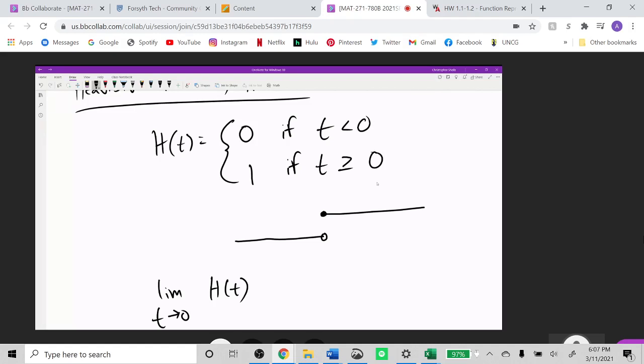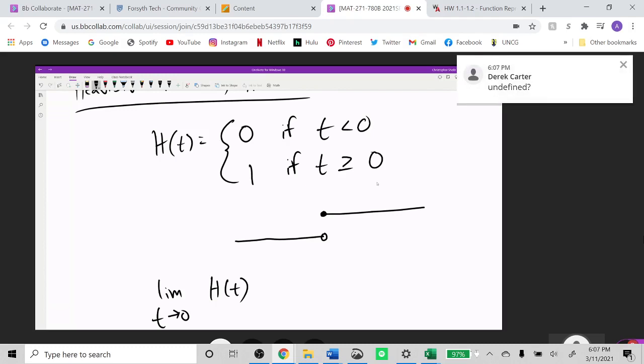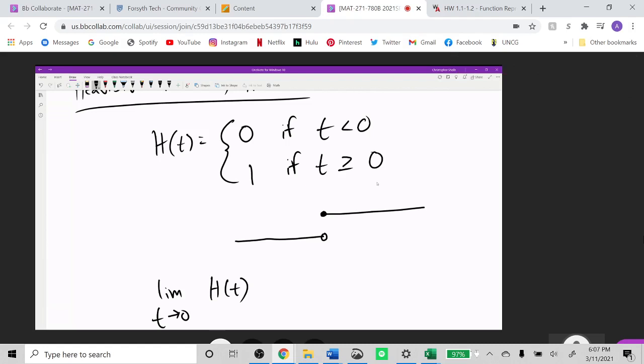Do you agree that there's no single value that my function here is approaching as my t values are getting close to 0? It's not so much undefined as it is that this does not exist. We would say that this limit does not exist. We'll often abbreviate this DNE.